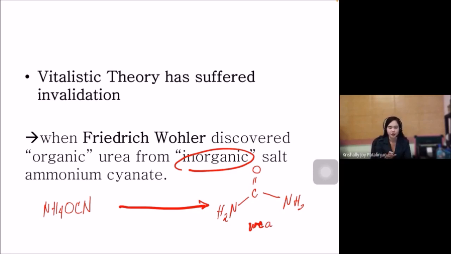He is Friedrich Wöhler. What he did was apply heat to ammonium cyanate, and he observed that he was able to form an organic compound, which is urea. So urea is considered the first organic compound synthesized in the laboratory.